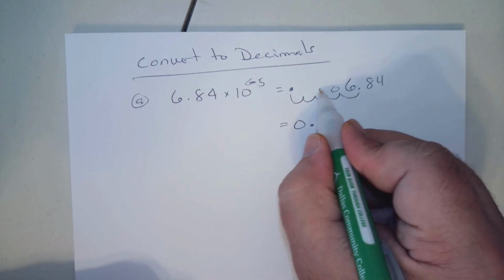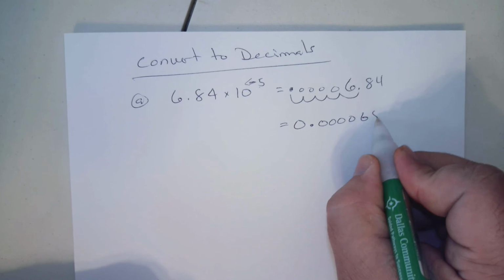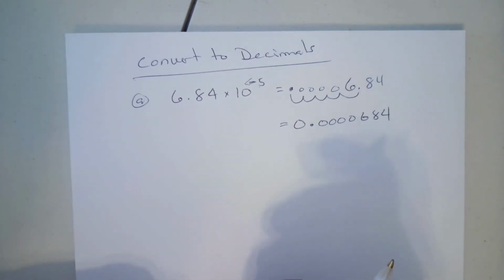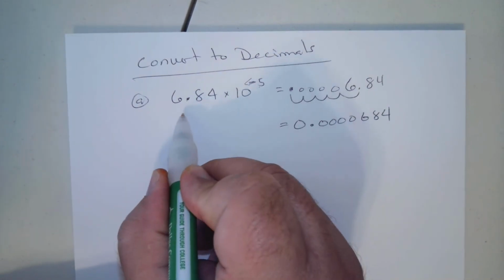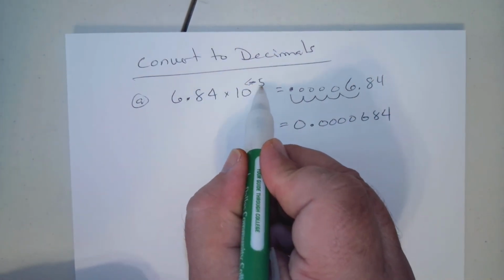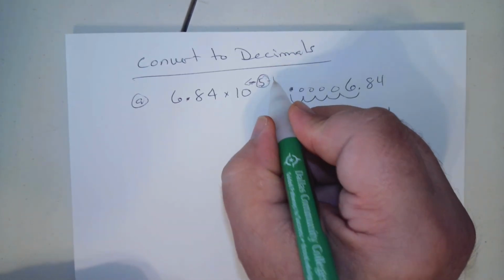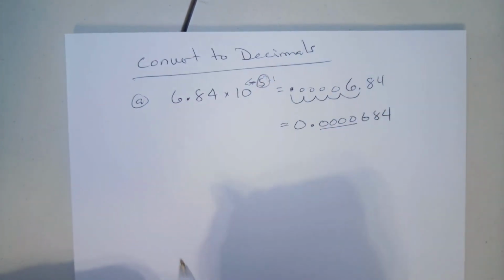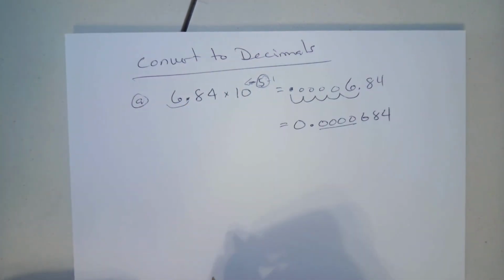So it's 1, 2, 3, 4 zeros. So basically, whenever you have scientific notation, if you have a negative exponent, whatever this number is here, subtract 1, that tells you how many zeros you have in front. Because the first space has to be taken by that whole number. So there goes that 1, whatever's left goes there.